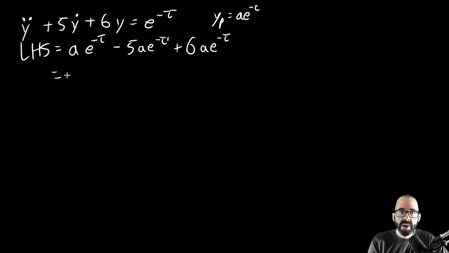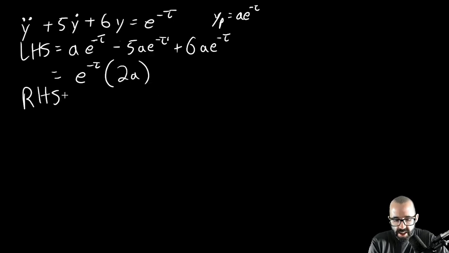We just combine like terms. All of this is e to the -t, and we have a minus 5a is -4a, plus 6a is 2a. And that needs to equal the right-hand side for this to be a solution. Everything's fine. Because there's a 1 in here.